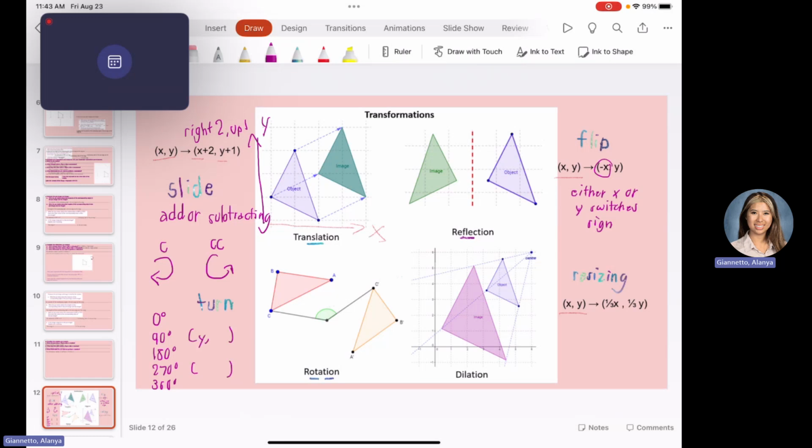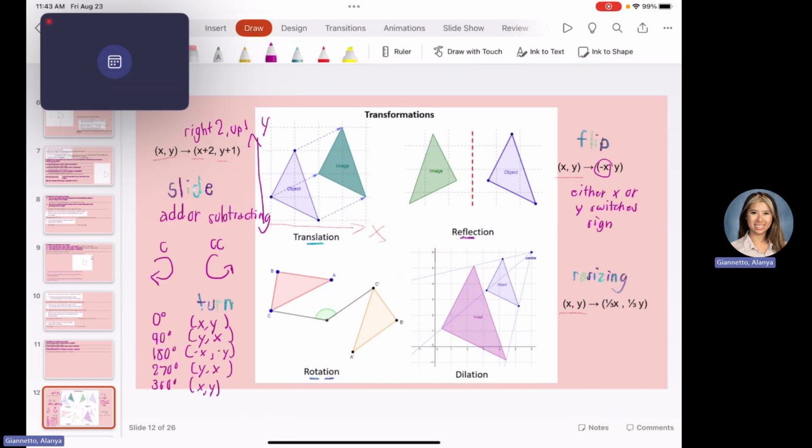So the y would come first, then x would come second. And that's true for a 90-degree rotation clockwise and a 90-degree rotation counterclockwise. And then 180 is special because both the x and y become negative. And with 0 and 360 degrees, it just starts off at x comma y and ends at x comma y.